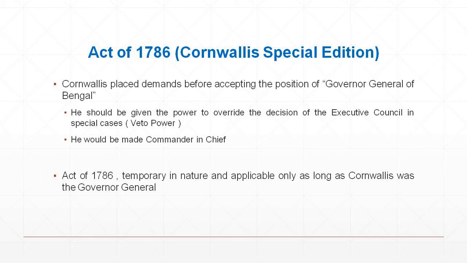That was his demand, which was apparently met, because that's how he became the Governor General of Bengal in 1786. His second demand was that he would also be the Commander in Chief. Accordingly, the Act of 1786 was enacted to make both of these provisions to suit his demands. I don't think this act is that important because it's more like a tailor-made thing for Lord Cornwallis.